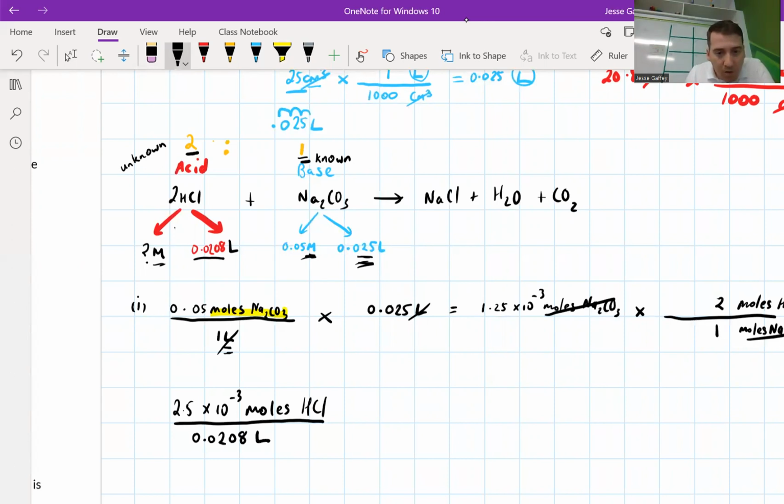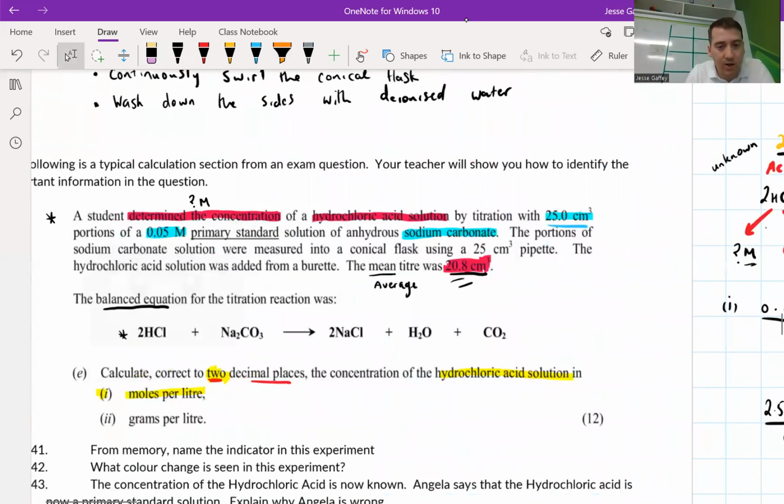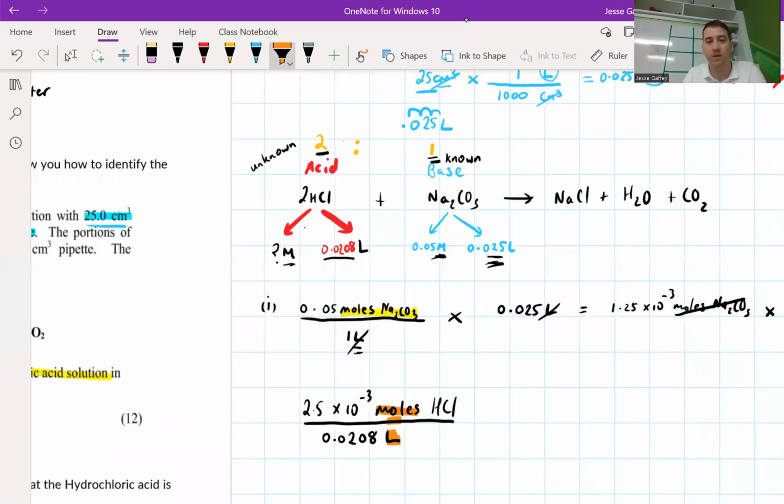Now look what we're left with as our unit: moles per liter, which is what we were trying to find if we go back here. Concentration in moles per liter. All right, good. So when we do it this way, we know we have it right. So go ahead and find the value then. Stick this in your calculator and see what the number is. Pause the video, do that now.